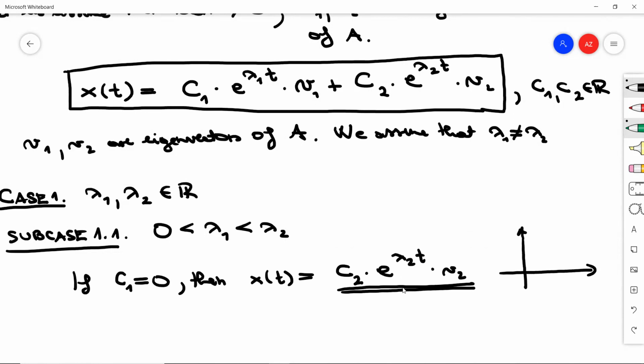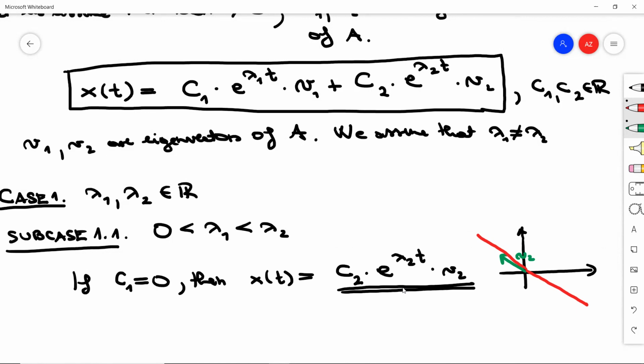Let's say that our line is that one. If this is V2, then we are on this line all the time. So this is one curve in the family of curves which solve this equation.